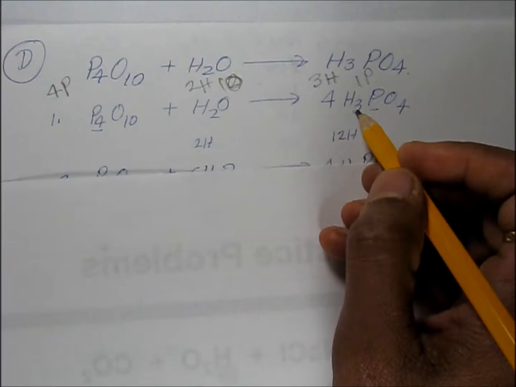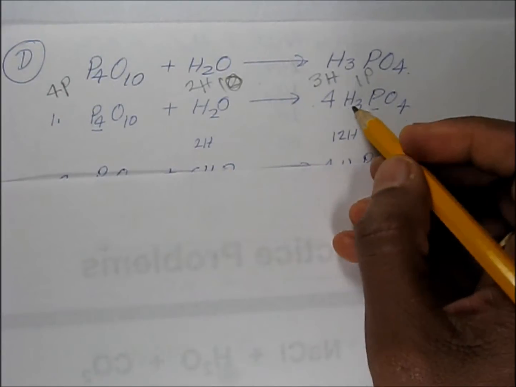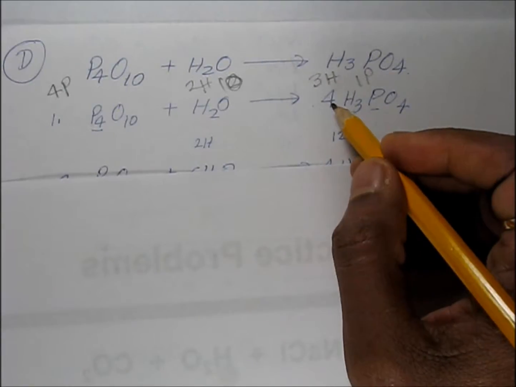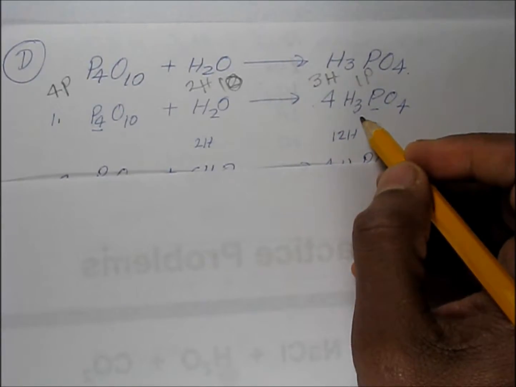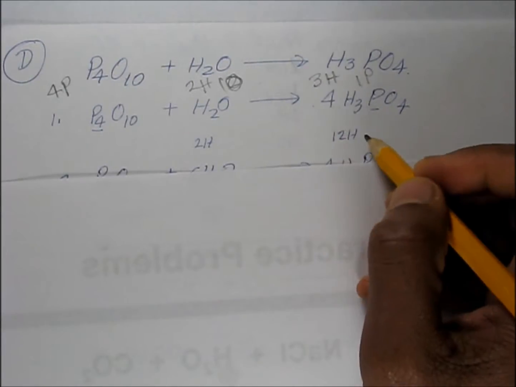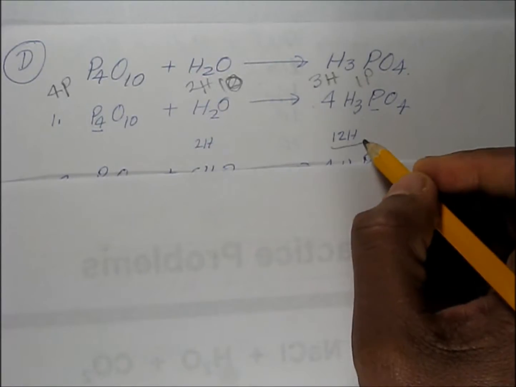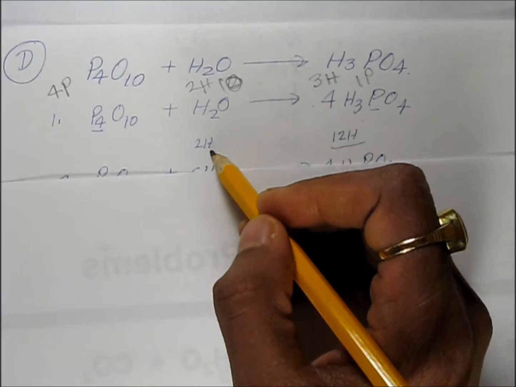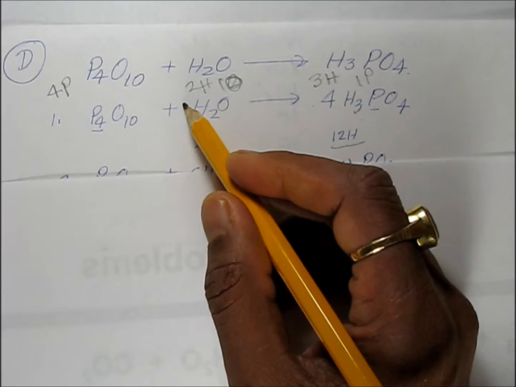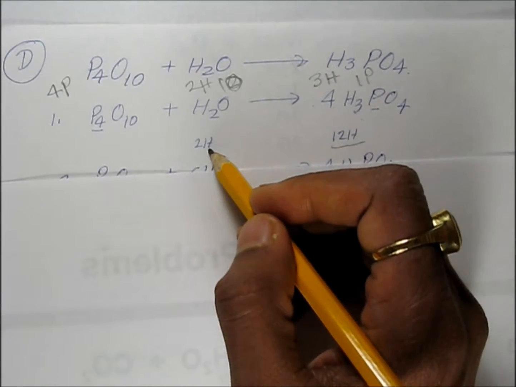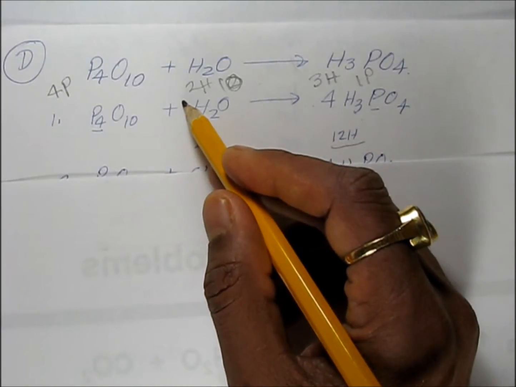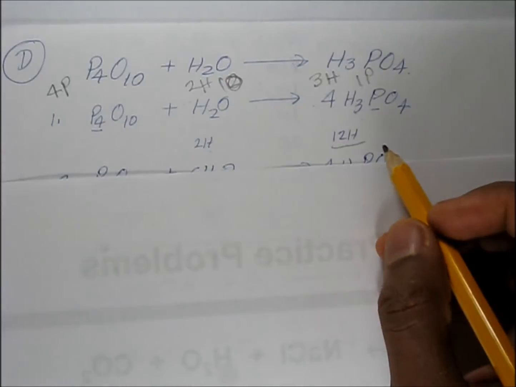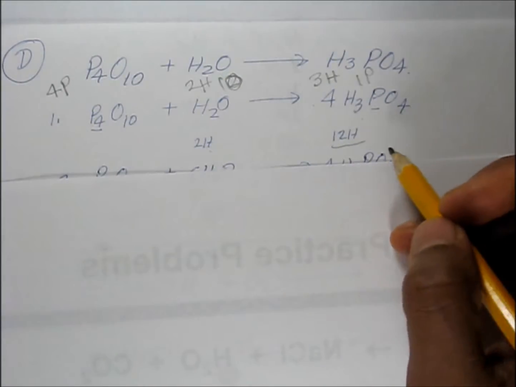now you can see total hydrogen, after adding this coefficient 4, multiply this subscript, so 3 multiplied by 4 is equal to 12 hydrogen, and on this side there will be only 2 hydrogen. So what to do? Now we have to balance the hydrogen. We can add a coefficient which can balance 2 to 12.